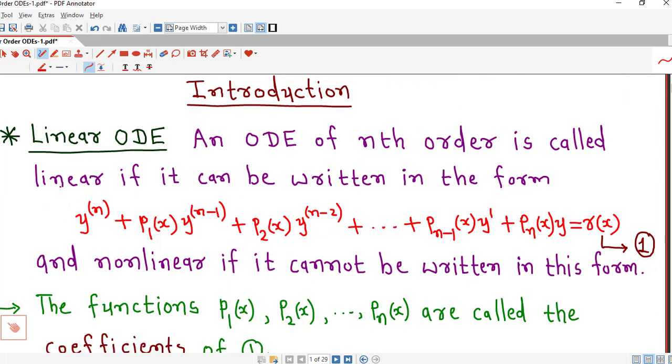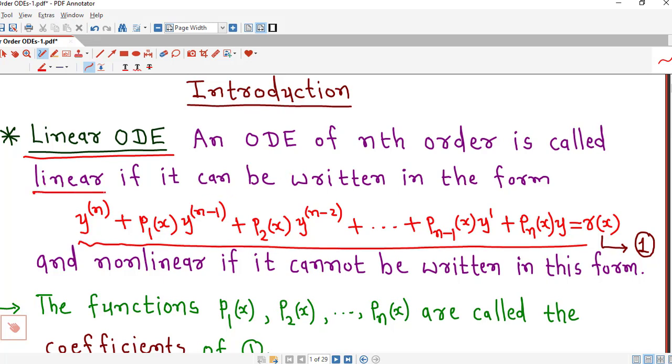So I have written all these things systematically. We just revise them again. First we have written the definition of a linear ordinary differential equation. An ordinary differential equation which can be written in this form is called linear, and an ordinary differential equation is non-linear if it cannot be written in this form.